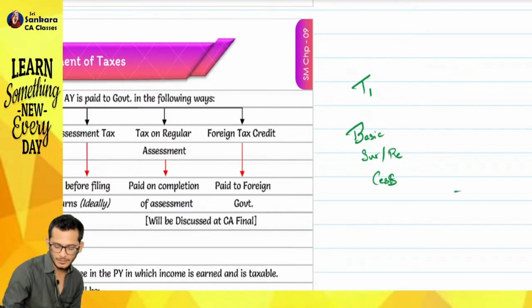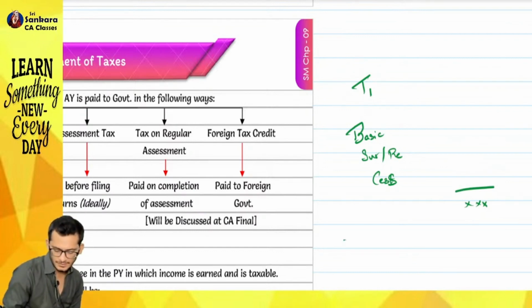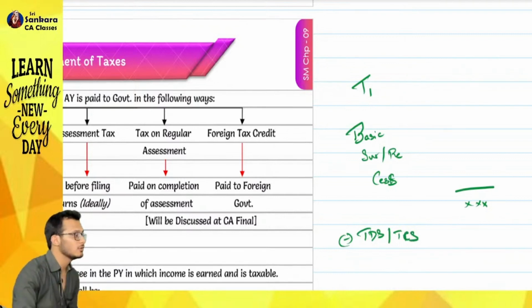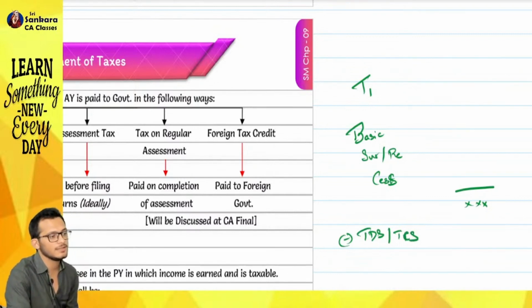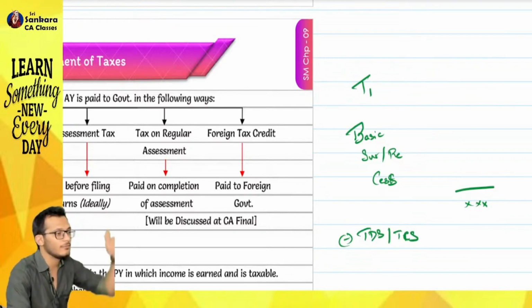Get a final number. On this number, you might have some payments already made, called TDS. I told you what you need to pay, so I am not looking at what someone else has paid on your behalf. So take your tax liability and reduce TDS or TCS, because that is something already deducted.